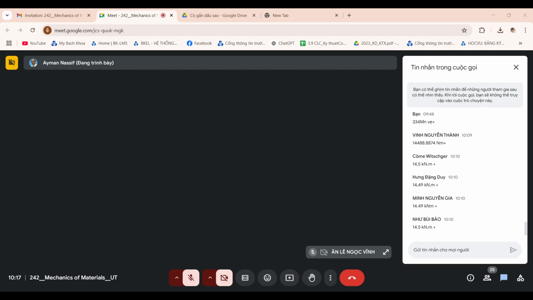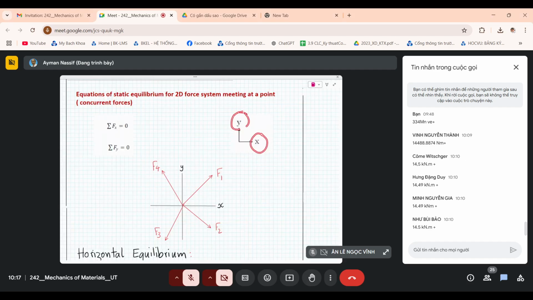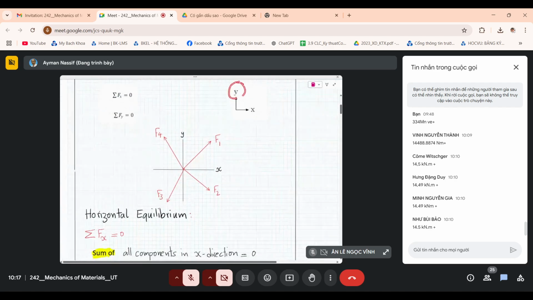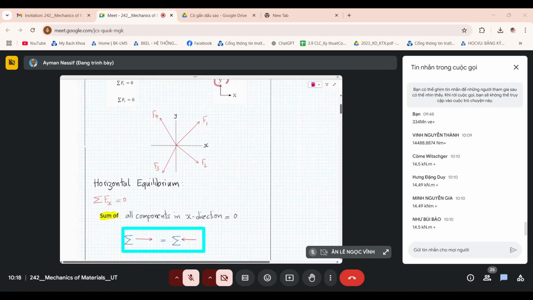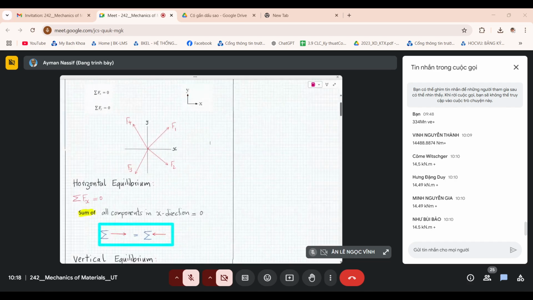So basically, for static equilibrium, the sum of the components in the x direction must be equal to 0. So you have many forces, say 1, 2, 3, 4, acting in one plane, coplanar, and acting on a particle or meeting at a single point, which will be very relevant to truss systems when we analyze them later on, perhaps next week.